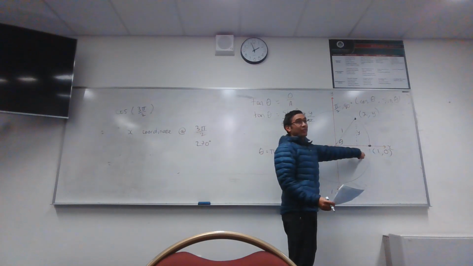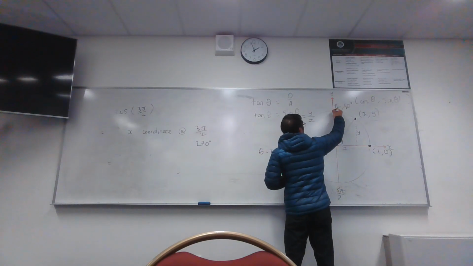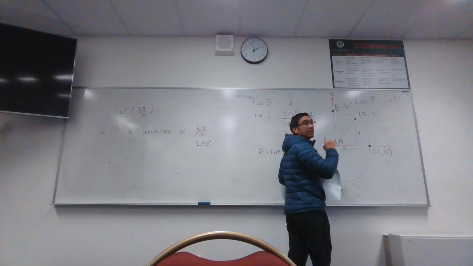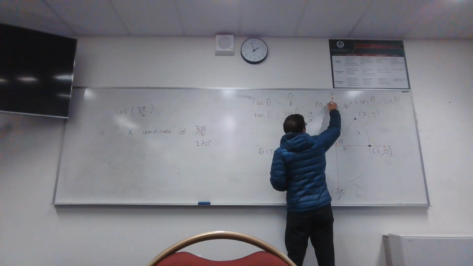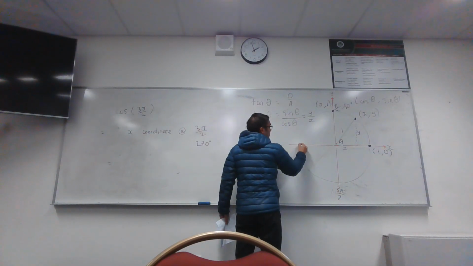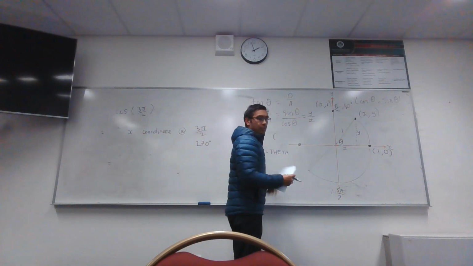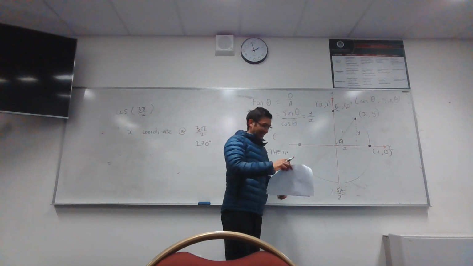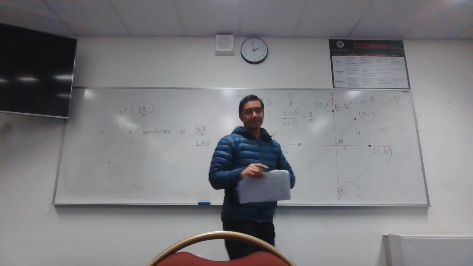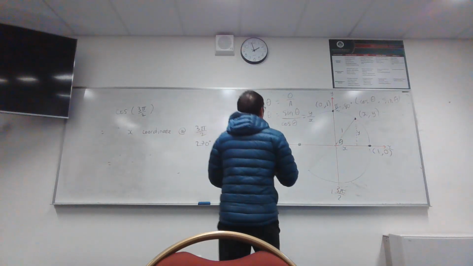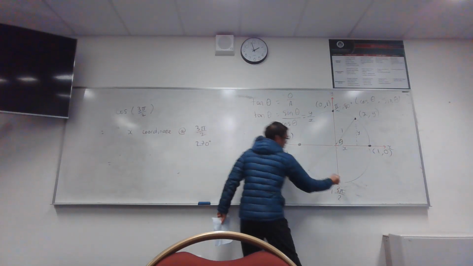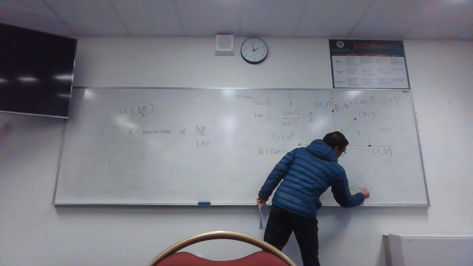Okay, that's 1, 0. What's this one here? 0, 1. What's this one here? -1, 0. And the next one, 0, -1. Yeah. What's this one here? 0, -1. Good.